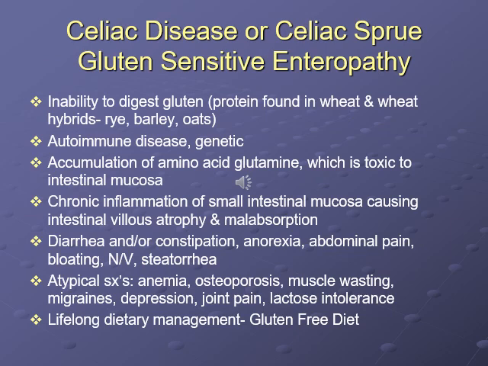Celiac disease or gluten-sensitive enteropathy is basically the inability to digest gluten, which is a protein found in wheat and wheat-based products. So it's an autoimmune condition. There's this accumulation of the transglutaminase, which is toxic to the intestines. We have all of these little villi, like finger-like projections in our intestinal tract, and they become chronically inflamed and basically cause that malabsorption.